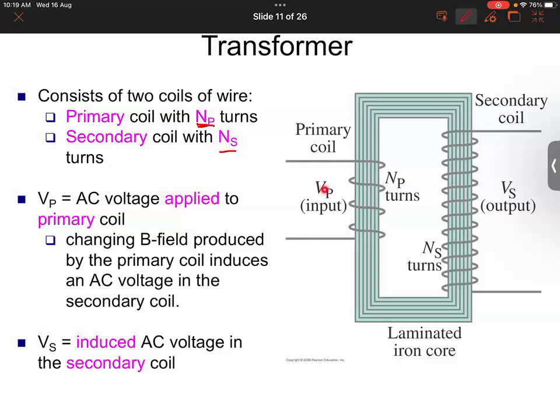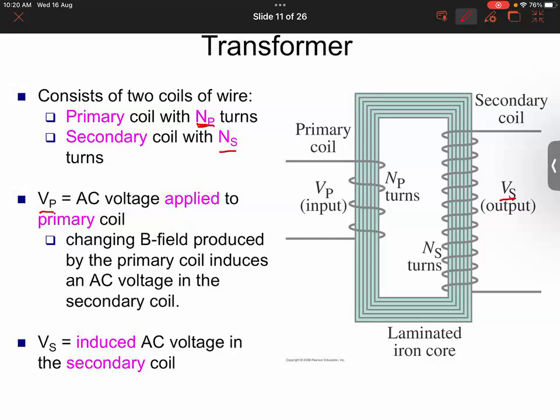If we put an AC or alternating voltage in the primary coil, which we call VP, that induces a voltage in the secondary coil because of electromagnetic induction.